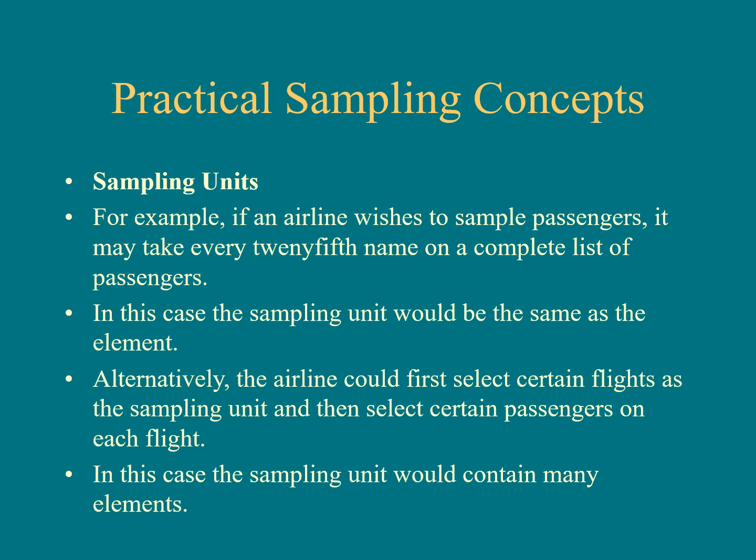In this case, the sampling unit would be the same as the element. Alternatively, the airline could first select certain flights as the sampling unit and then select certain passengers on each flight. In this case, the sampling unit would contain many elements.